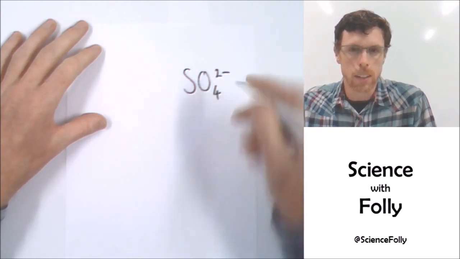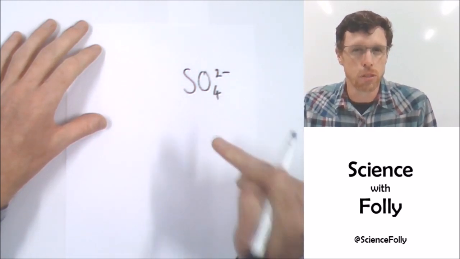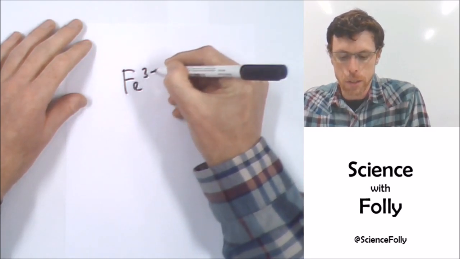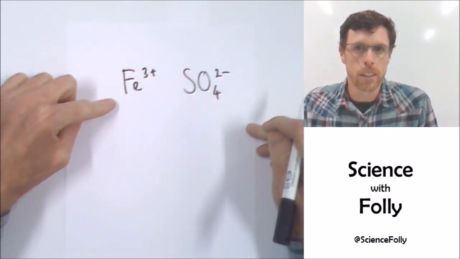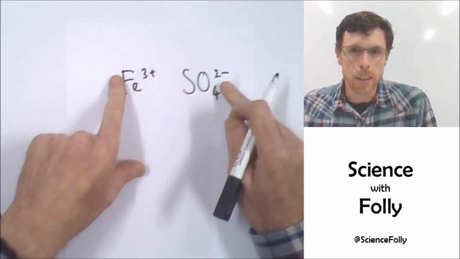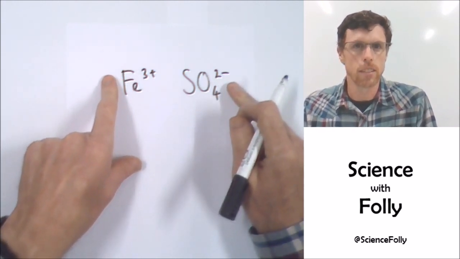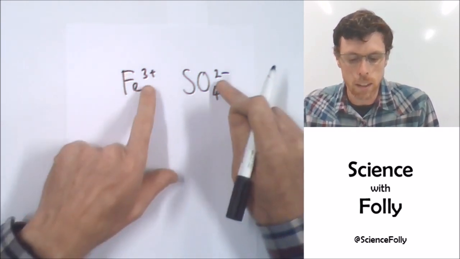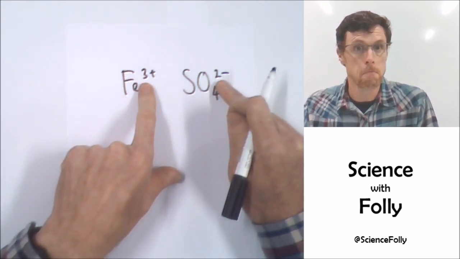SO4 2-. This polyatomic ion is called sulfate. Fe3+, this is iron 3. Now, if I've got these two, they're opposite charges, but they're not equal. I need to balance the charges. What is the common multiple of these two? 6.